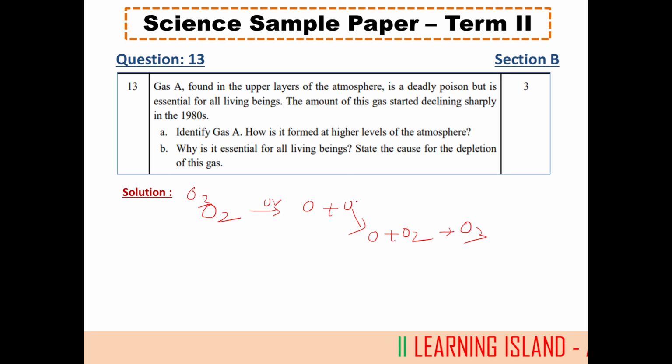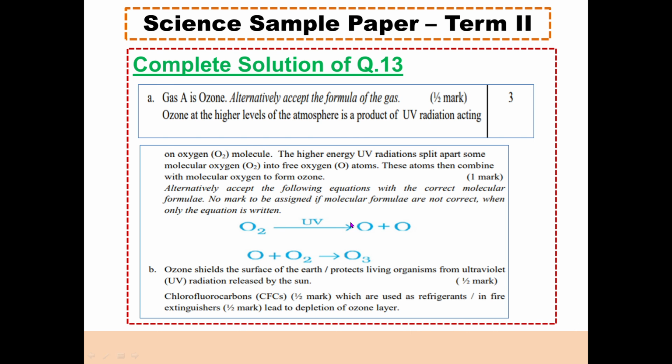The ultraviolet rays coming in the upper layer cannot come to the earth surface because of the ozone layer present at that level. So that's why it is produced in the upper layer only. Why is it essential for all living beings? Because we know the ozone layer protects the earth from ultraviolet rays coming inside the earth atmosphere, and thus it saves us. You know this, so this is written clearly here. So please write it down.